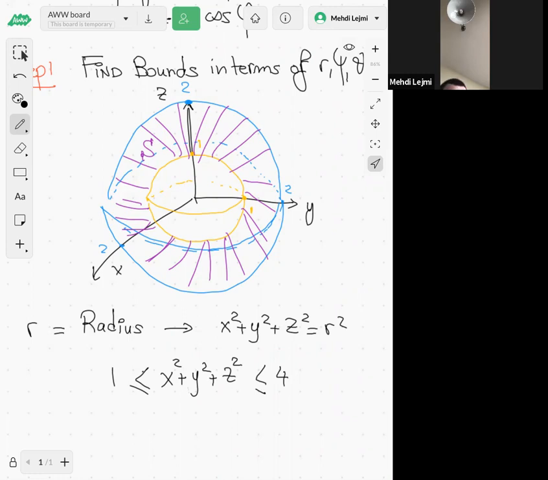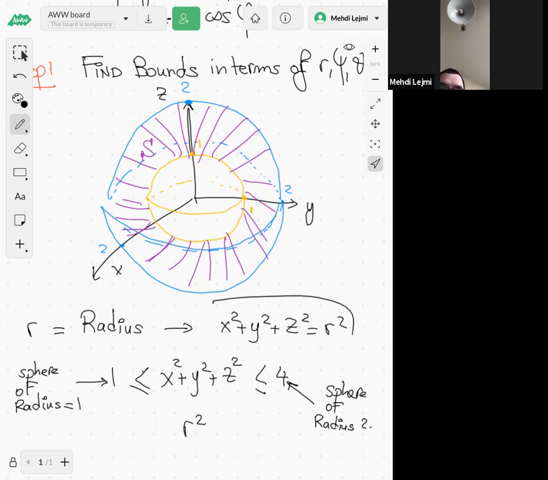When x squared plus y squared plus z squared equals 1, that represents the sphere of radius 1. And 4 represents a sphere of radius 2. In spherical coordinates, x squared plus y squared plus z squared is r squared.